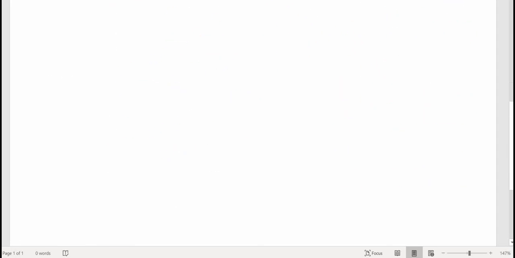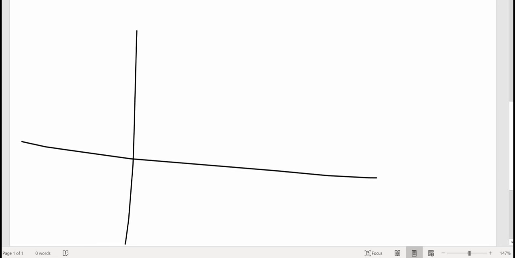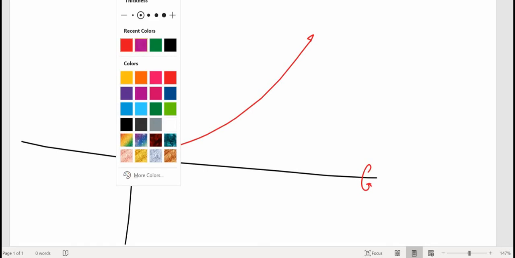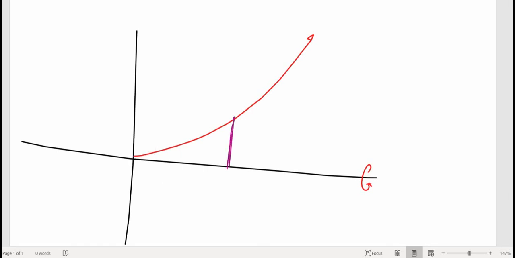Now, on the other hand, if we have something, it doesn't matter what shape it is, and we're going to rotate it about the x-axis, then our little rectangle-y, or really what is a trapezoid, is going to look like that.